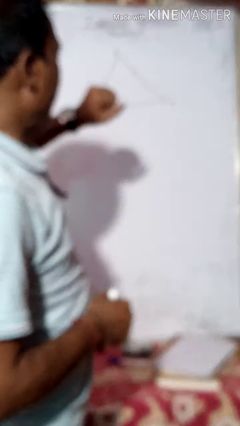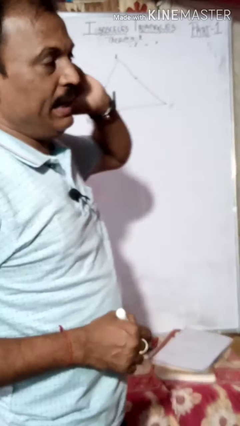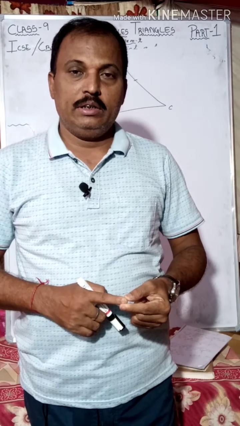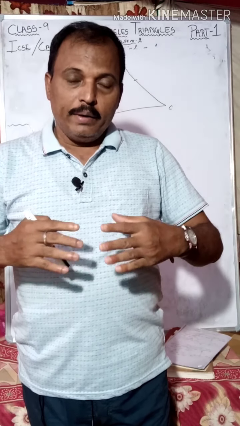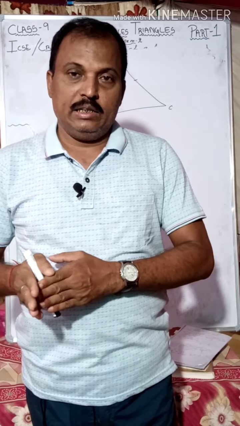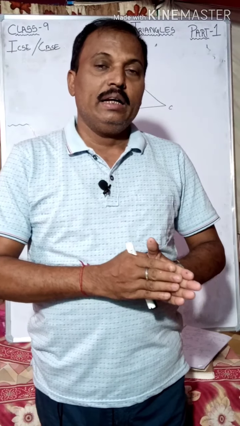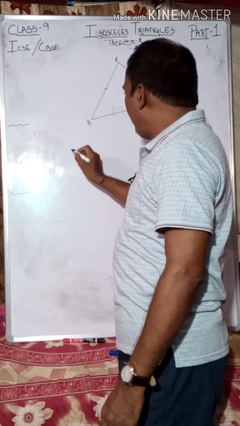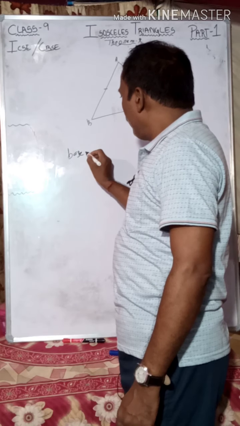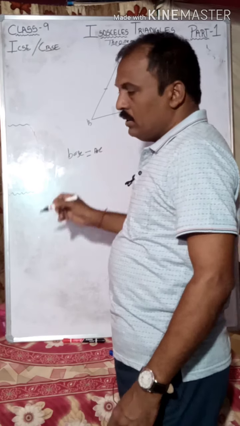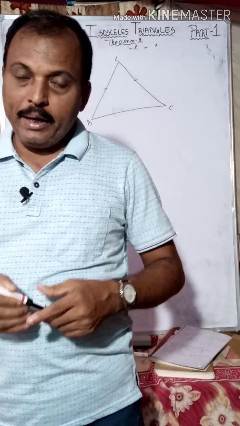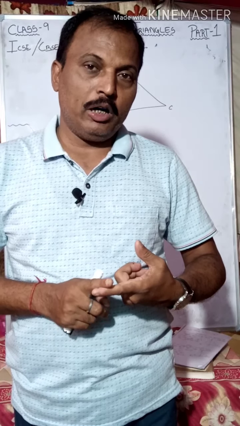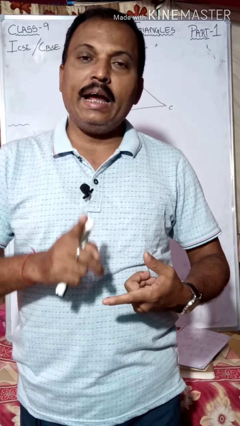So ABC is an isosceles triangle. In an isosceles triangle, generally except the equal sides, the third side is treated as the base. So BC is treated as the base. In an isosceles triangle, BC is generally treated as the base, but that does not mean a triangle has one base.